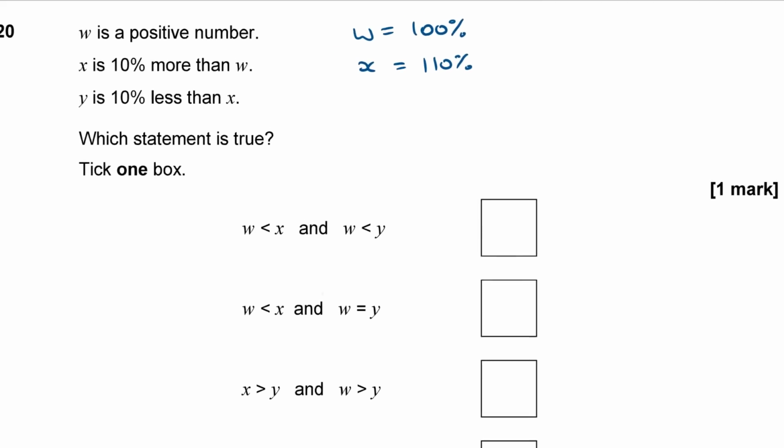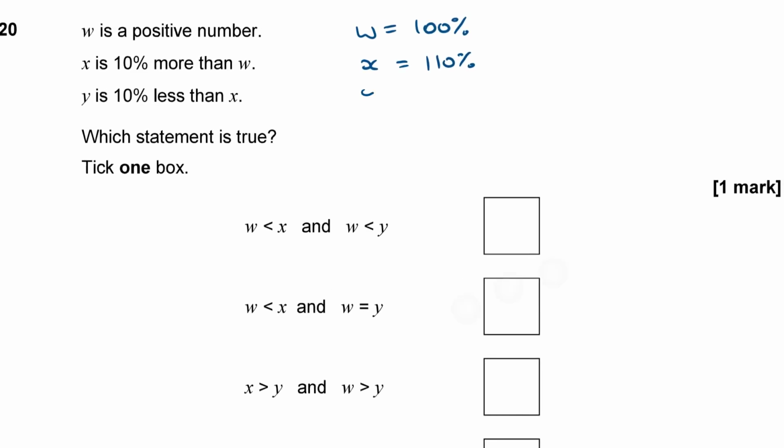So if I'm going to subtract 10% from X, I'm going to be subtracting 11 from X, which is going to give me 99%. So W is 100%, X is 110%, and Y is 99%. Okay, and now I feel I can answer these questions.